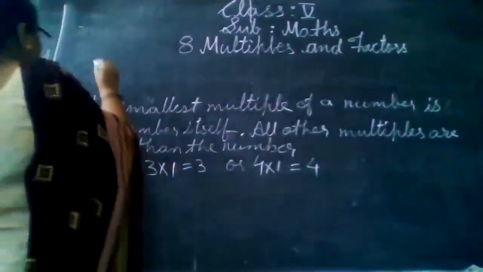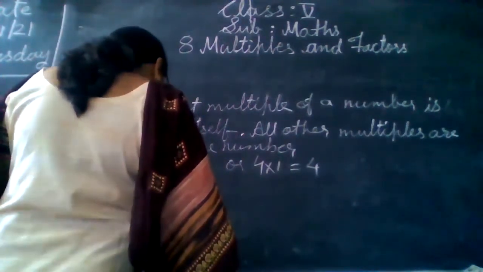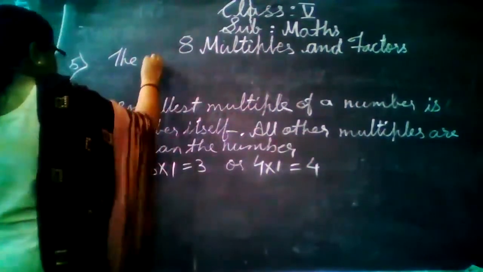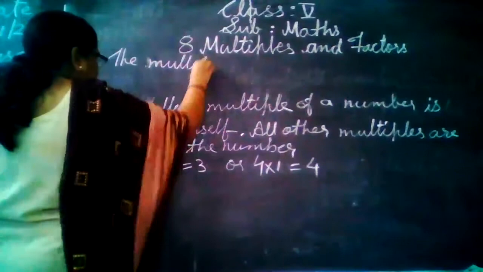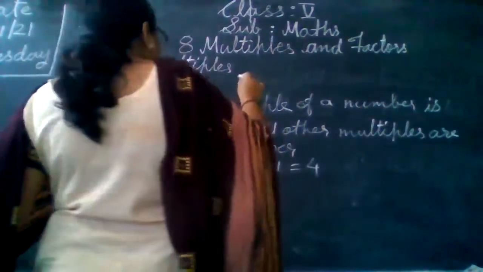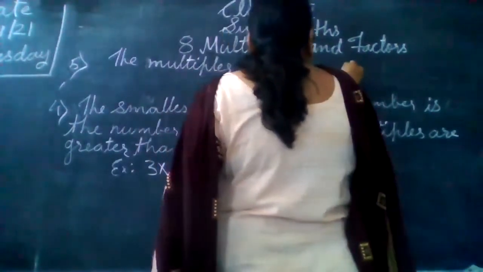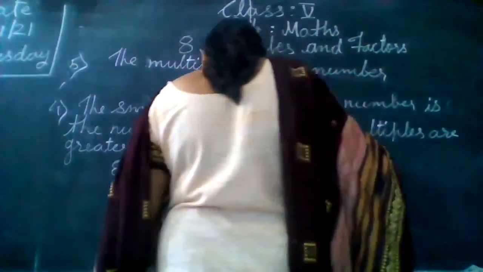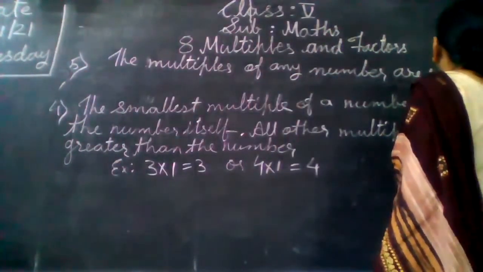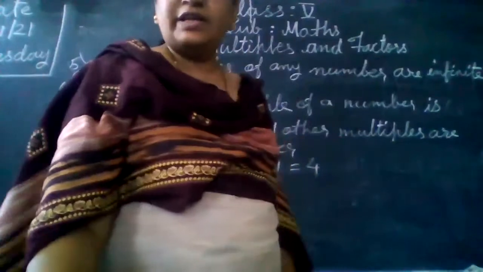Now see the fifth point. The multiples of any number are infinite.